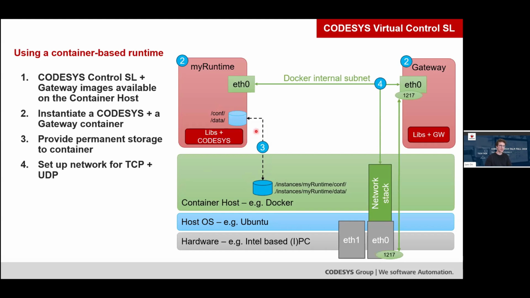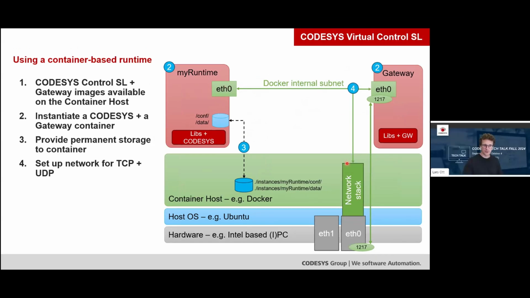Next, we set up the communication. Docker has an internal network that connects containers to each other. For example, we have a runtime container and a container containing the CODESYS gateway that allows access to this internal subnet through the CODESYS IDE. Those get automatically added to that network, and it automatically has access to the outside world.